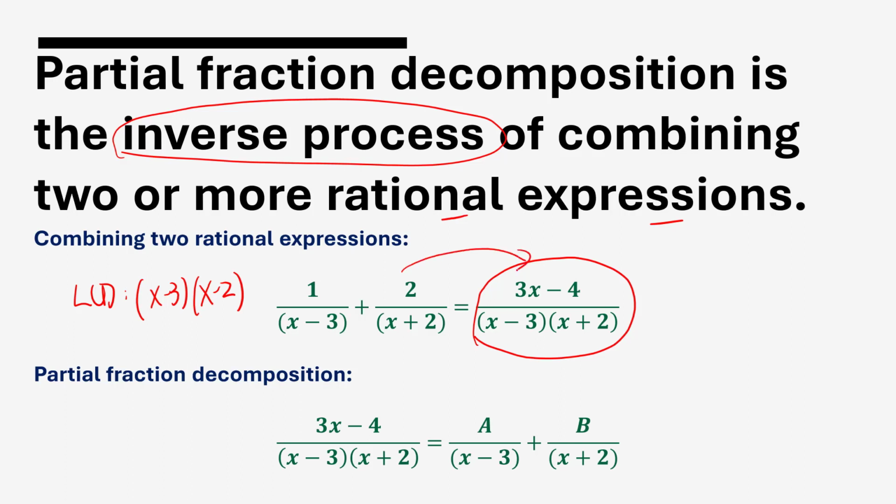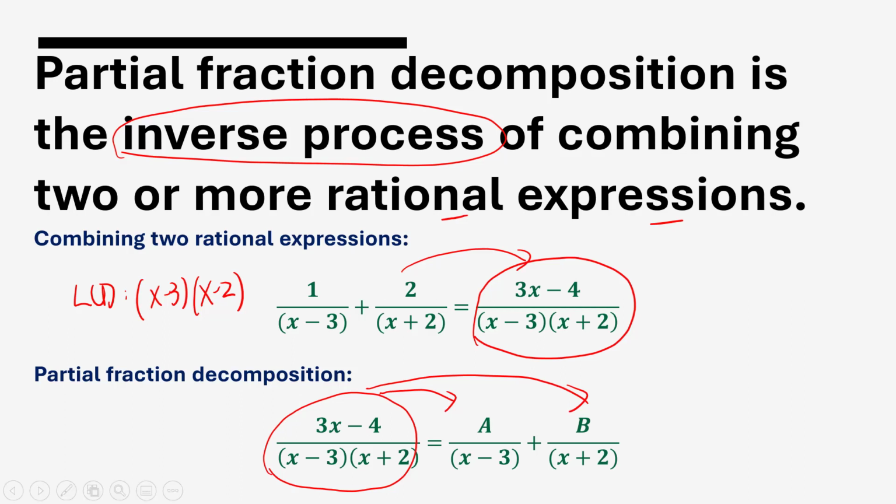And the partial fraction decomposition basically is, we have a single complex rational expression and we try to break it down into partial fractions. In this case, we break it down into two partial fractions.